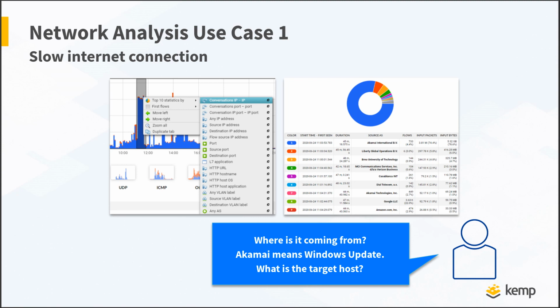And on the picture on the right, we can see on the graph that basically the blue portion is taking most of the bandwidth. Akamai means Windows update. So what is the target host?